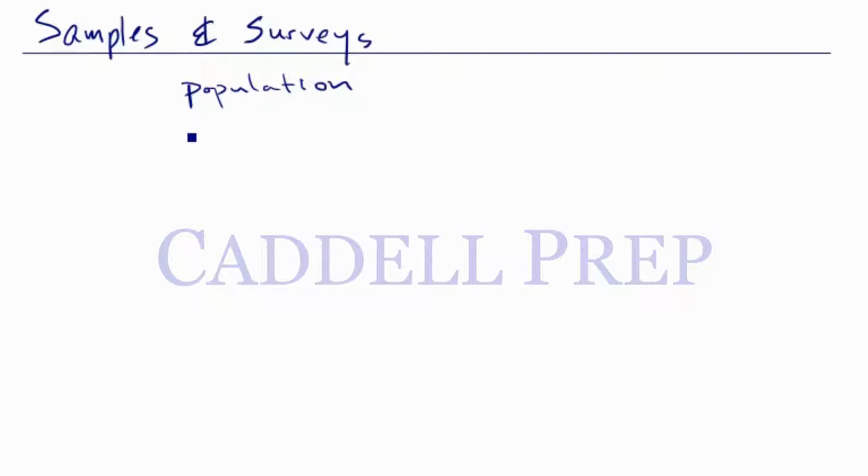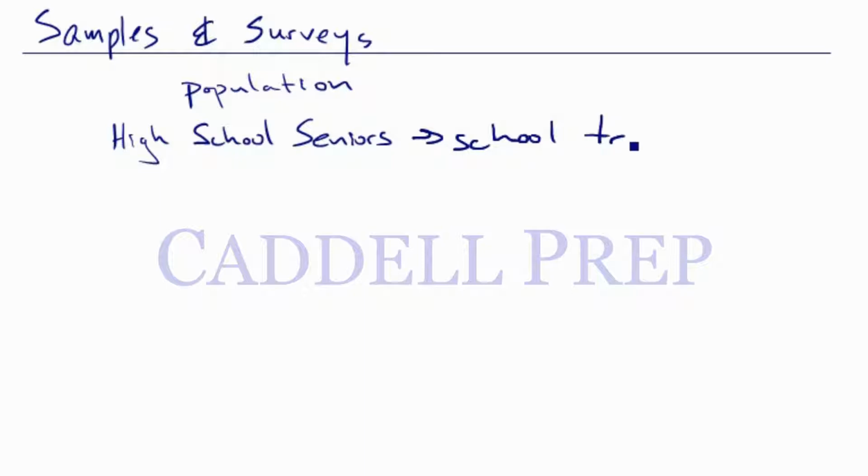So, for example, if we're talking about high school seniors, and we want to see where they want to go for their school trip, then if we want to get an idea of where everyone wants to go, then the population is high school seniors.